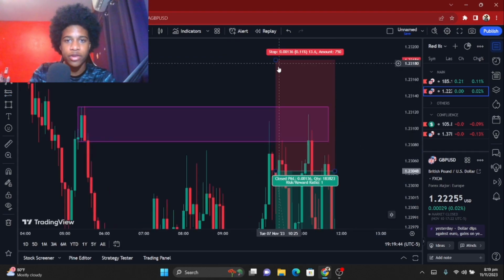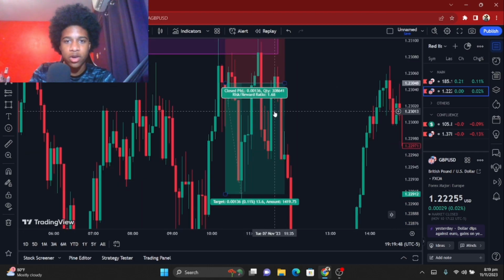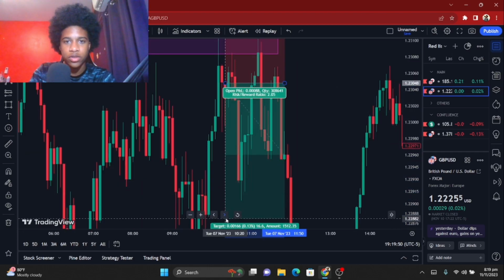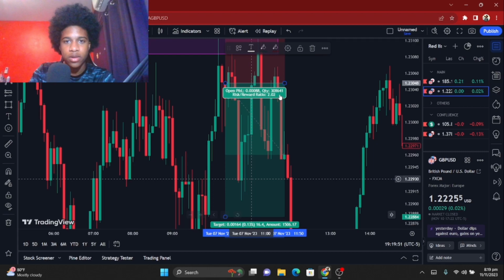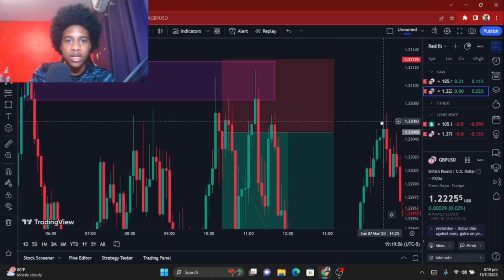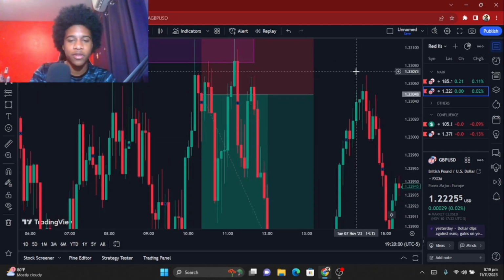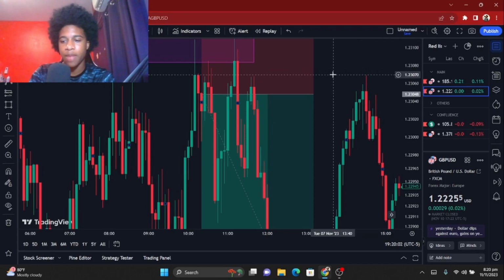Then aim for a quick 1 to 2 risk ratio right there, TP smash, right? And another thing too, when you see this here form, don't get scared, right? It will go back down to take profit, right? I'm gonna go over low versus high probability setups now.